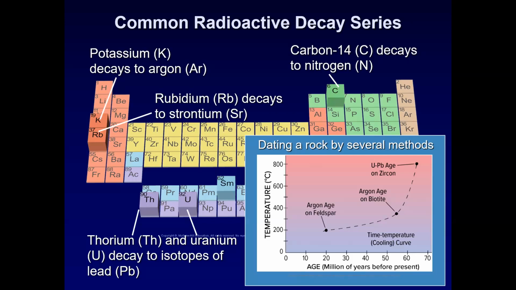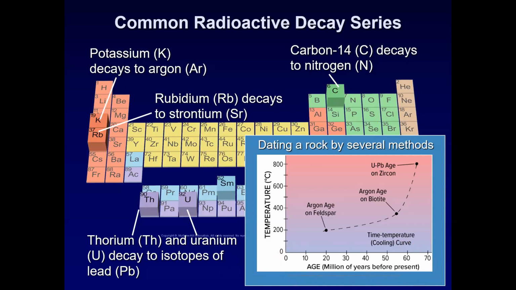You can use several different methods on a rock to determine when it formed and how fast it cooled. For instance, you could date the uplift time of a pluton. So we have this chart too that shows you temperature and age, millions of years before present.